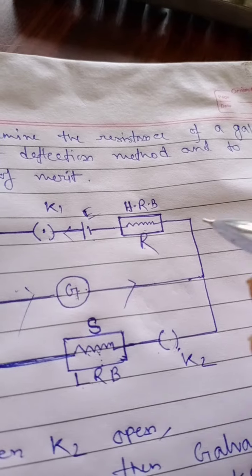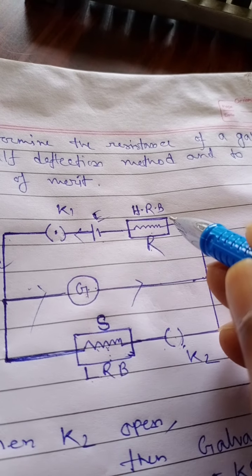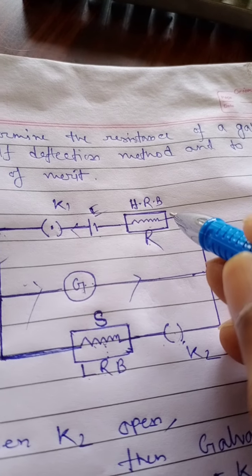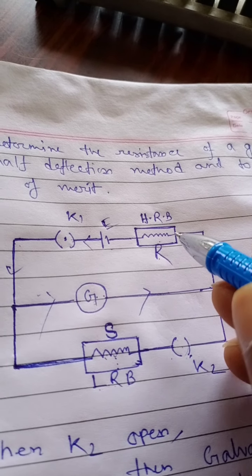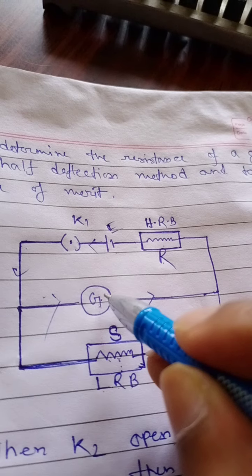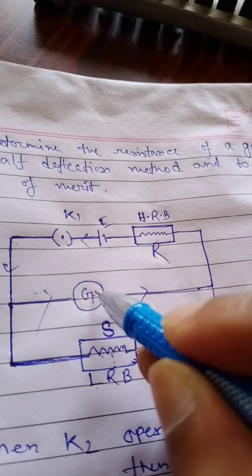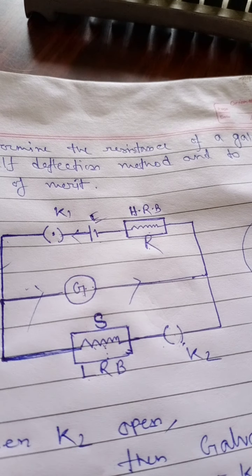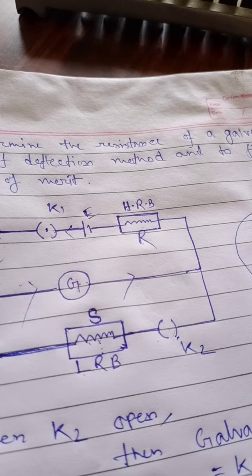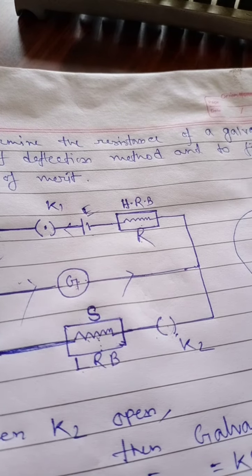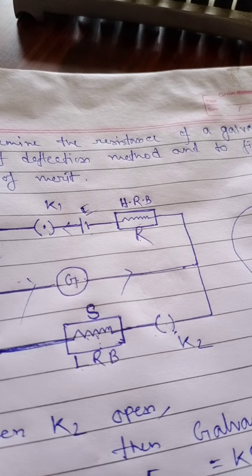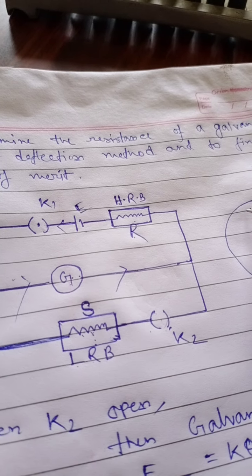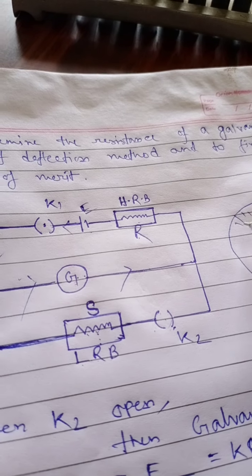Here at first we apply a resistance in the resistance box, and now we have to note the deflection of this galvanometer. If this is the galvanometer, suppose this is 0, these types of divisions are there in the galvanometer.